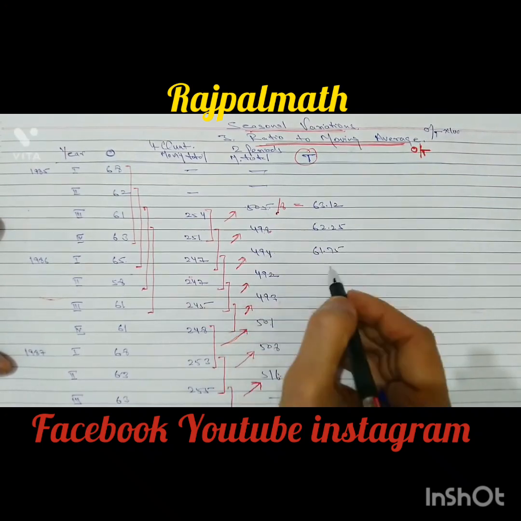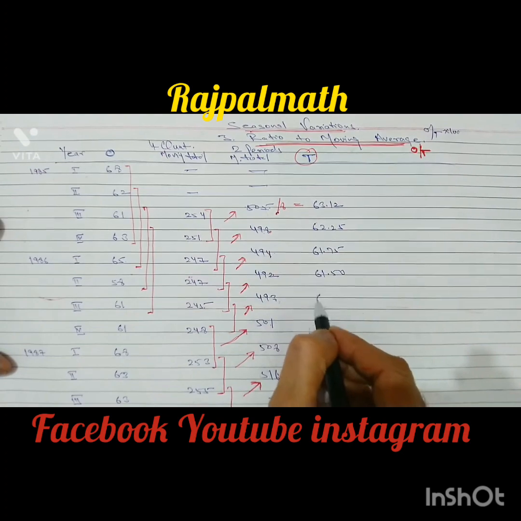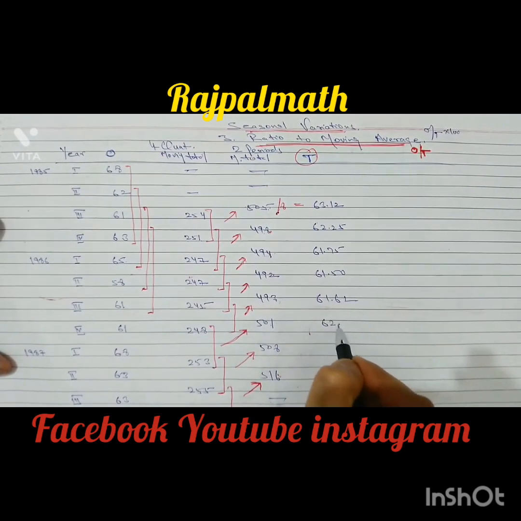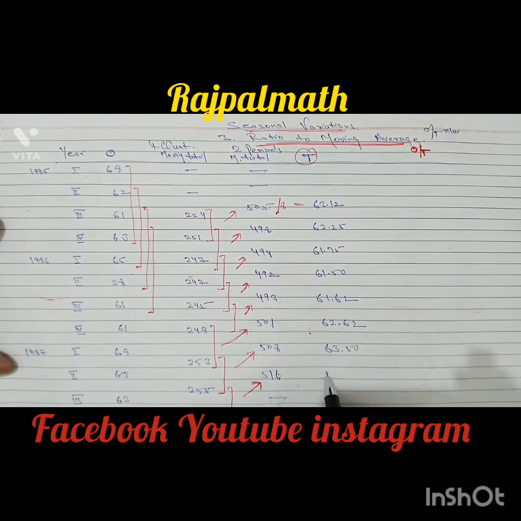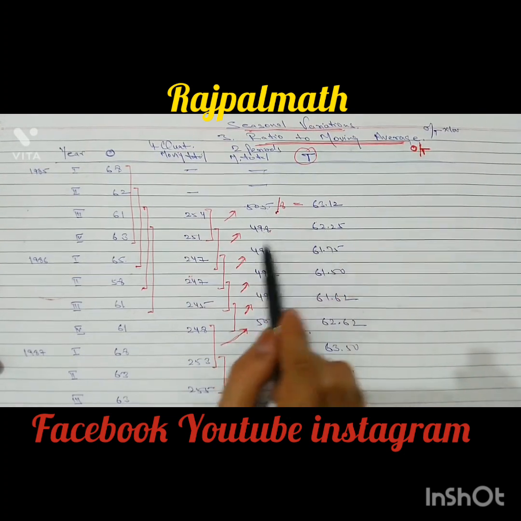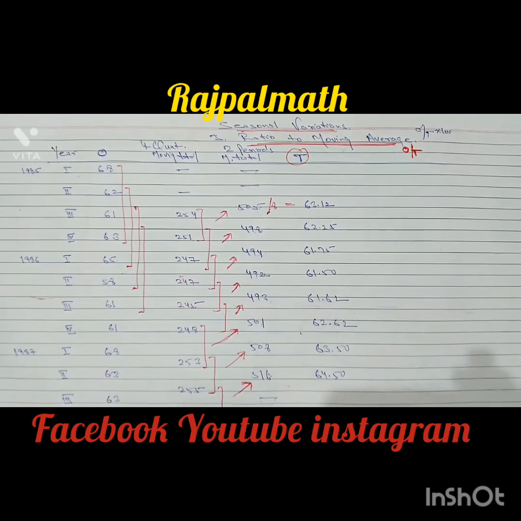This divided by 8, 61.50. This divided by 8, 61.62. This divided by 8, 62.62. This divided by 8, 63.50. This term divided by 8, 64.50. These are trend values.